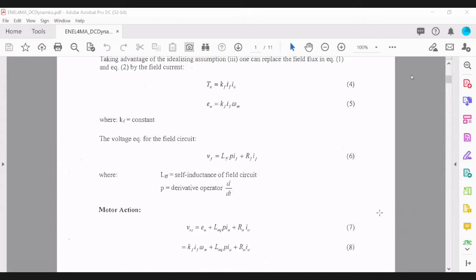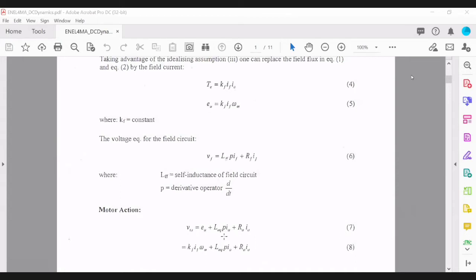So we write that equation in terms of the terminal voltage VTA. And now if it's in motor mode, so the current will go from the terminal into the machine. So then the terminal voltage will be the sum of that source voltage, then the drop across the armature resistance, and that's your basically representing the armature MMF, right?